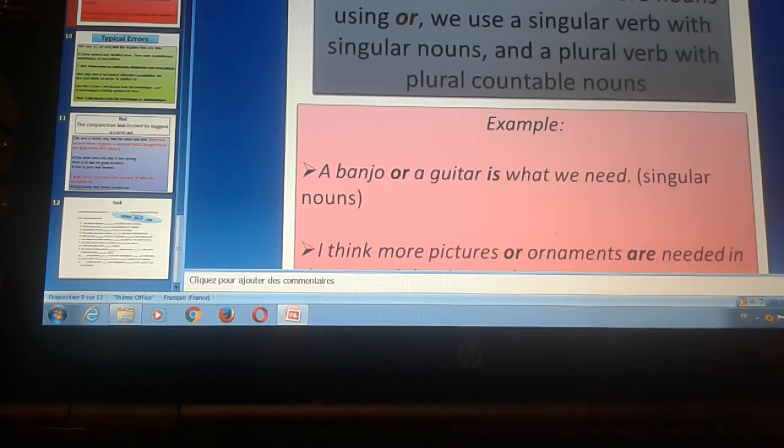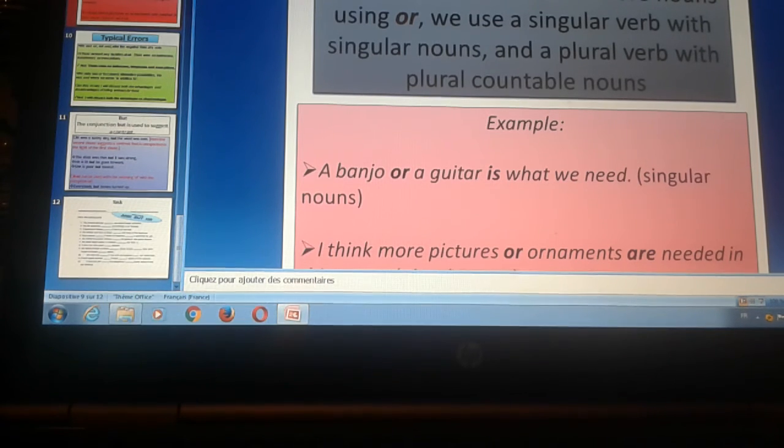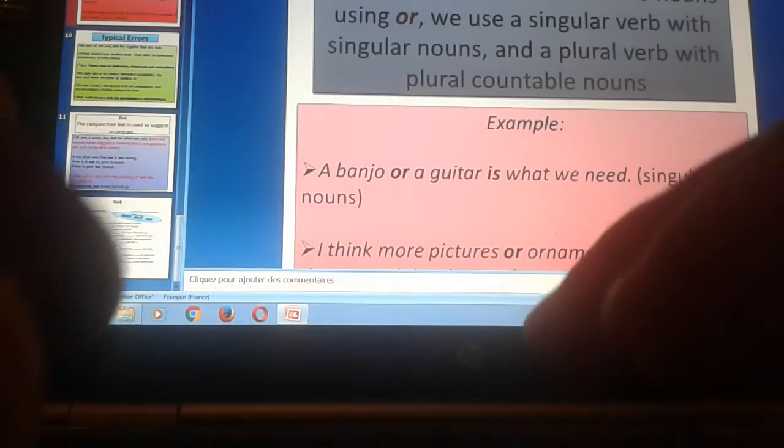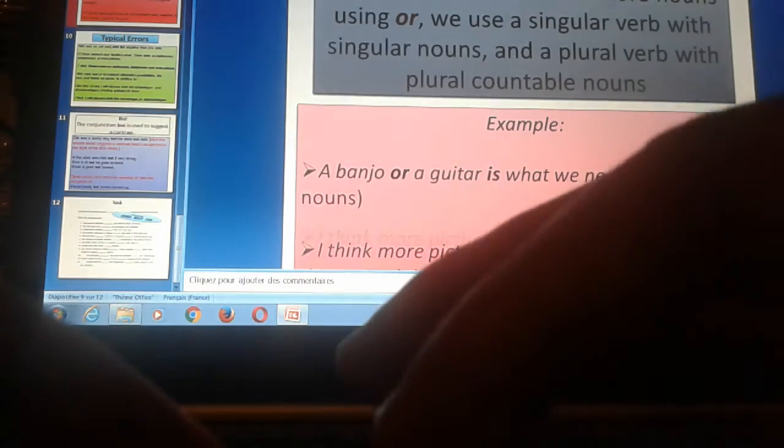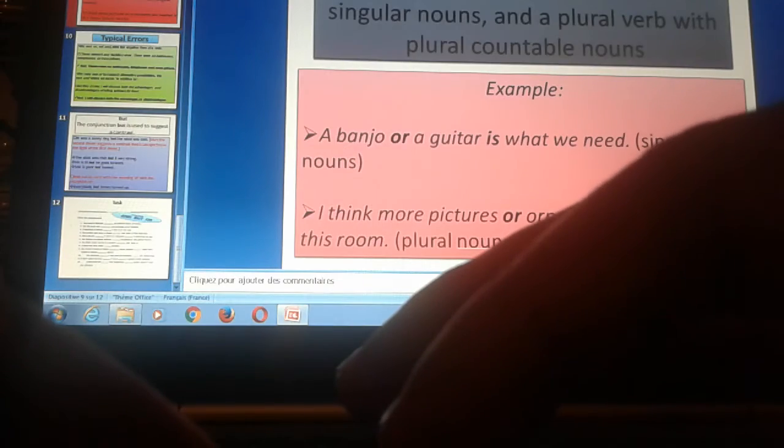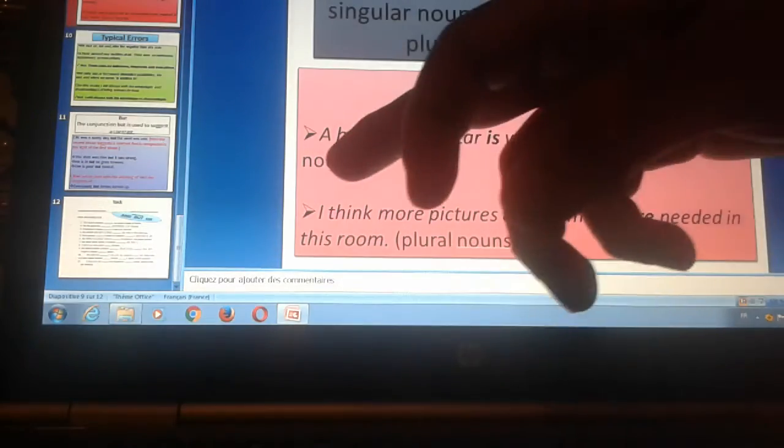When we connect two or more nouns using or, we use a singular verb with singular nouns and a plural verb with plural countable nouns. To make this easy for you to understand, I'm going to give you an example. Let's take the first one. A banjo.